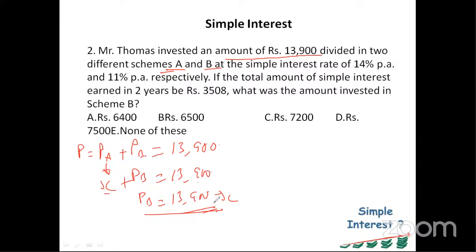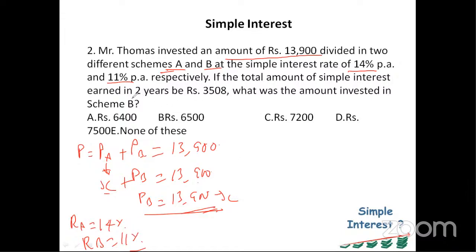Now, what else is given? Rate of interest is given. The rate of interest for scheme A is 14%. In the same way, the rate of interest for scheme B is 11%. And what is the time duration?